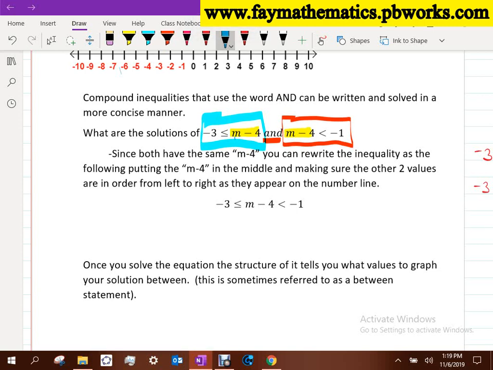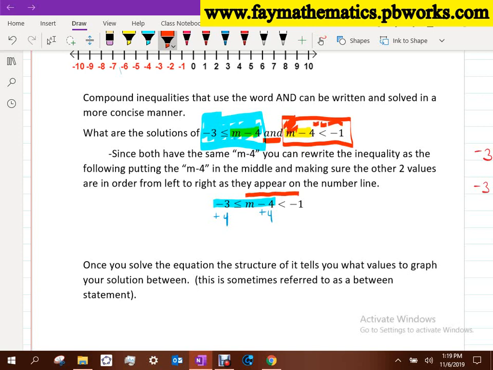So let's look at it with one thing down here. If I'm going to try to get m by itself, don't I add 4 here? Does that make sense? And that is what I've got up here. So you would add 4 to the m minus 4, but isn't this what I've got right here?